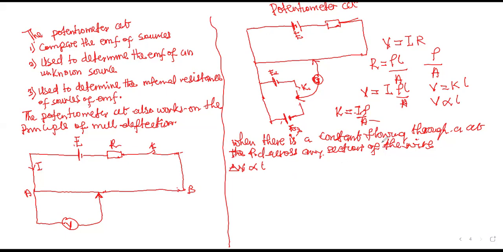So within the circuit, if you are able to maintain the constant current flow through the circuit, because the resistivity, the length, the cross-sectional area of the wire is constant, then you can say that the voltage drop across any section of the length is directly proportional to the length of the wire.